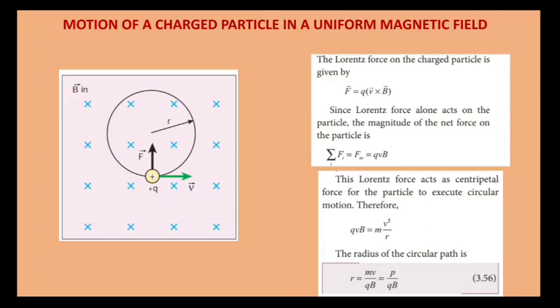When the particle enters into the magnetic field, Lorentz force acts on it in a direction perpendicular to both the magnetic field B vector and velocity v vector. Then the Lorentz force on the charged particle is given by F vector is equal to q into v vector cross B vector.